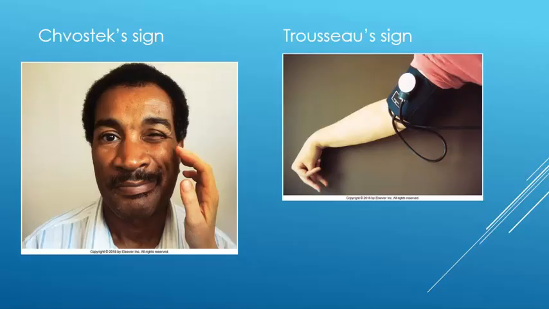So it's like a carpal spasm. As I said, the fingers come together. This one is actually more specific to hypocalcemia than the other sign. This is a video of them doing the Chvostek sign.